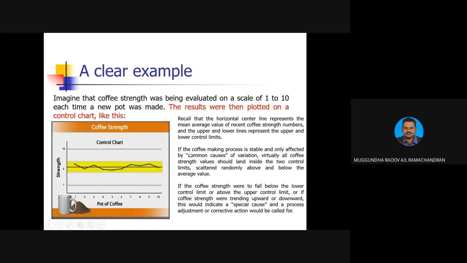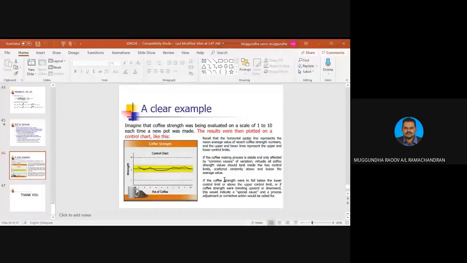Class, if the coffee making process is stable and only affected by the common causes of variation, usually all the coffee strain values should land inside the two control limits, scattered randomly above and below the average value. If the coffee strain falls below the lower control limit or above the upper control limit, or if the coffee strain is trending upwards or downwards, it could be due to a special cause.